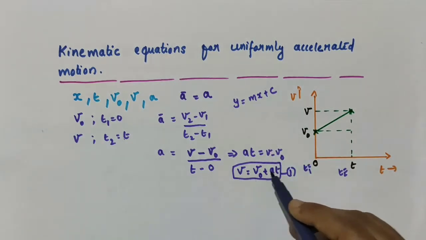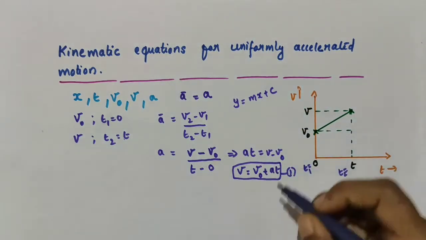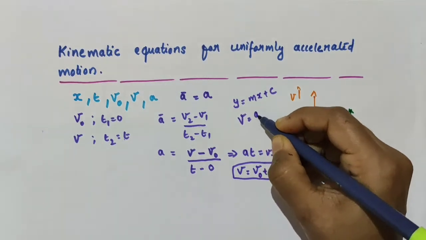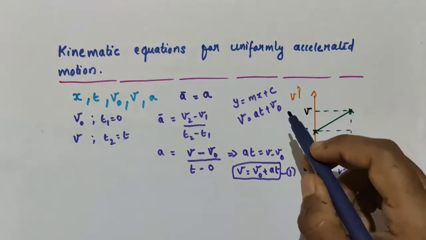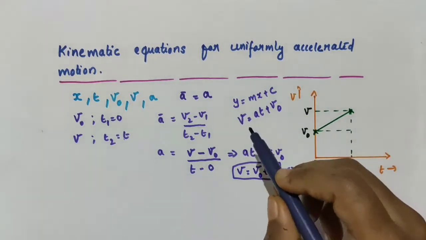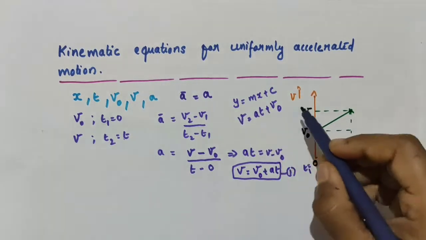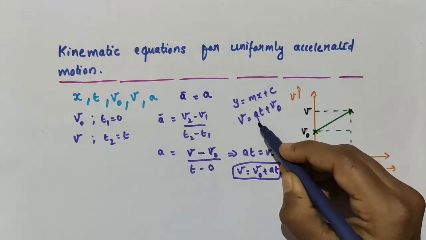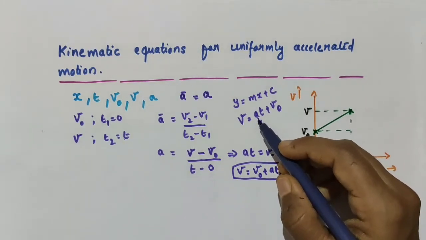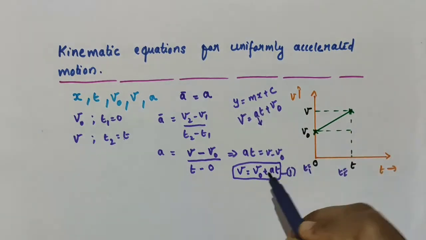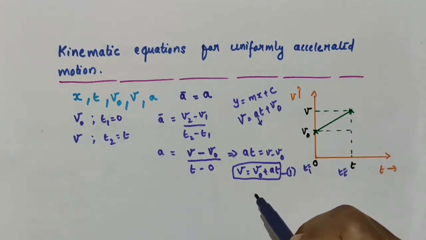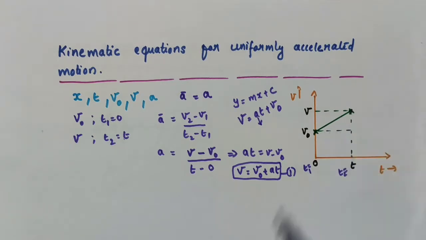So I am writing v equal to at plus v0, both are the same. v0, the initial velocity, is a constant. If we draw the velocity time graph, the slope will be the acceleration. It is just like the equation of a straight line, so graphically you will get a straight line like this.